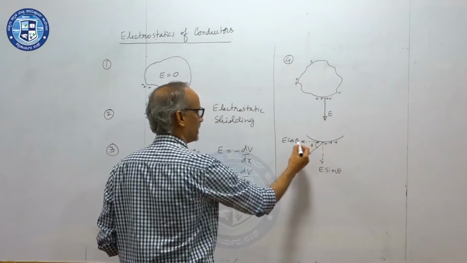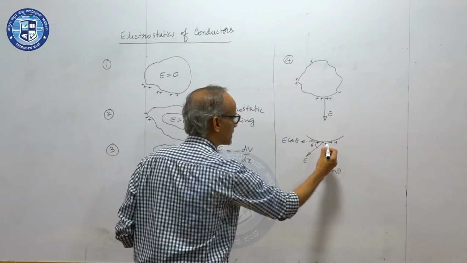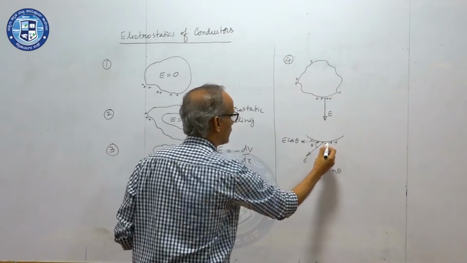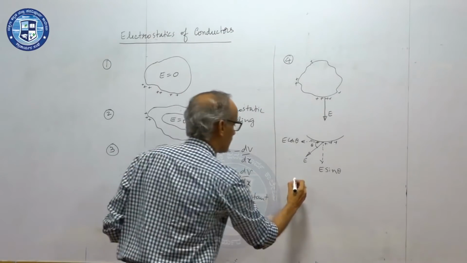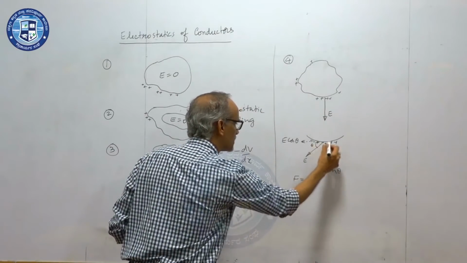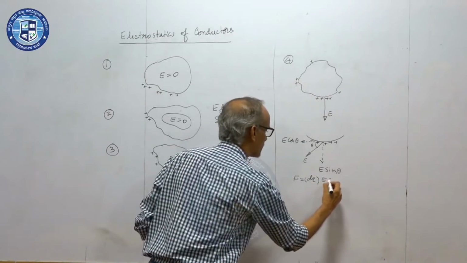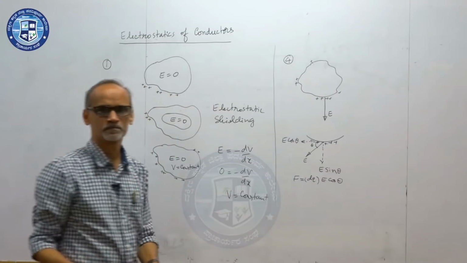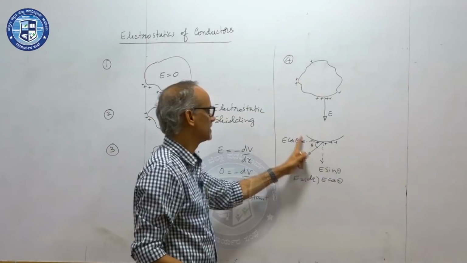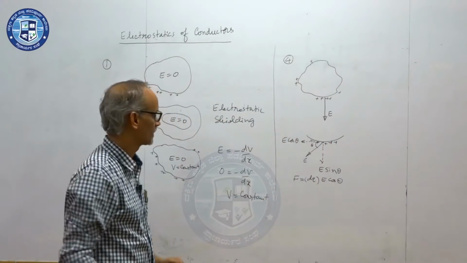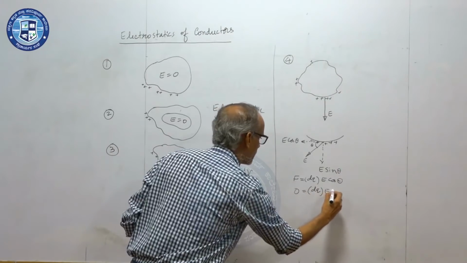And if there is a component along the tangent to the surface, then the charges here experience force due to this component E cos theta, which is given by F is equal to the charge present, which I am going to write as dq, into E cos theta. But we find that in static equilibrium these charges do not move, which means F is 0.